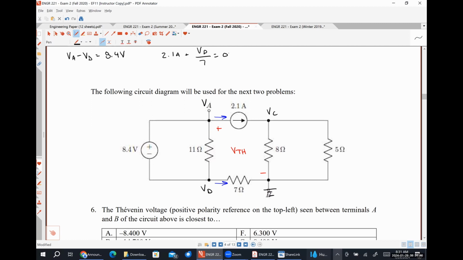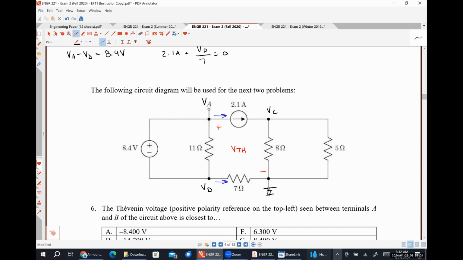Now I have KCL at node C. Actually, I don't even need to do KCL at node C. I have enough information here to be done, because I can solve this for VD, and I know VA minus VD is 8.4 volts, which would allow me to solve for VA with respect to ground.